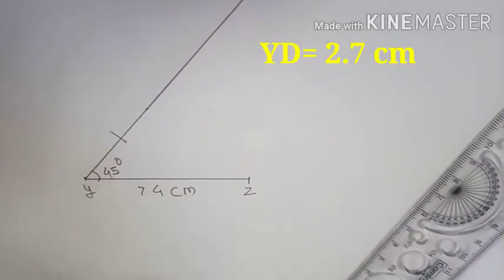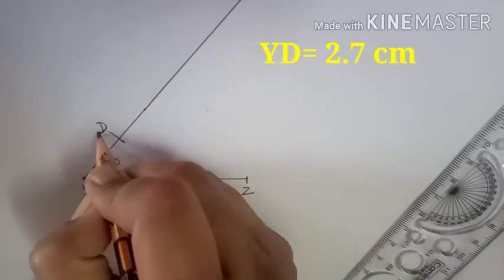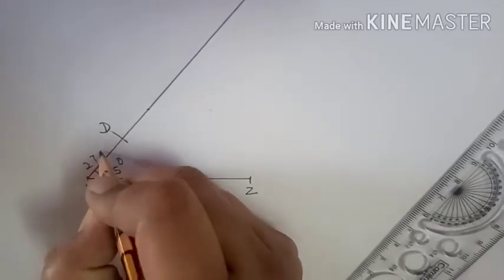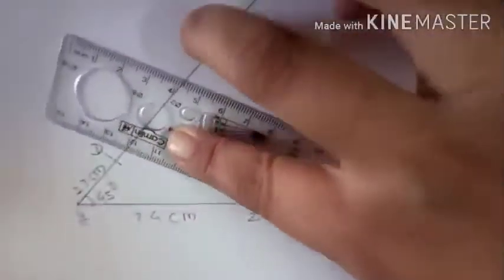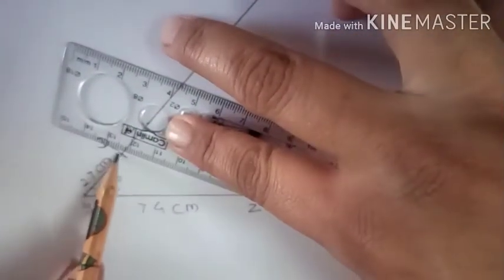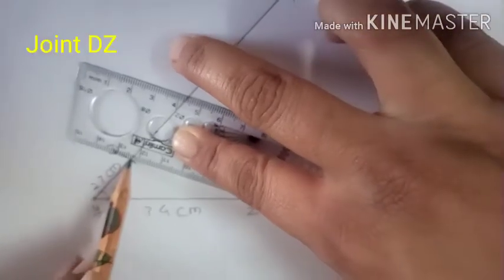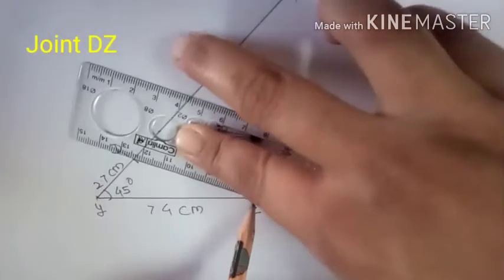And one end of the compass we will keep on point Y and mark the arc on the angle 45. This point will be point D. Now join DZ.